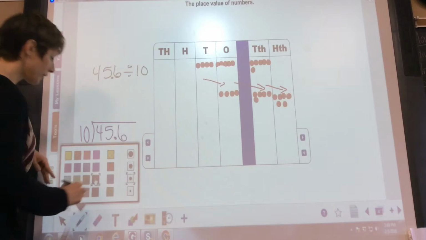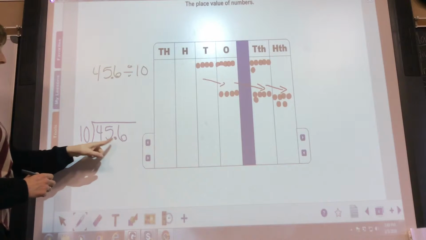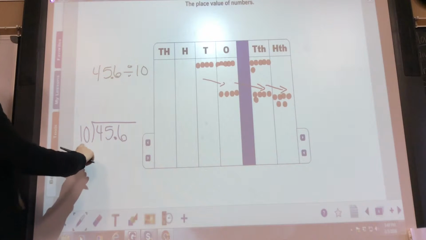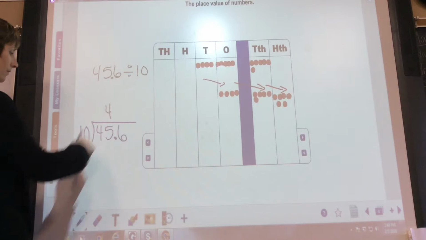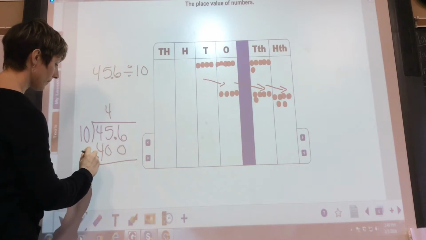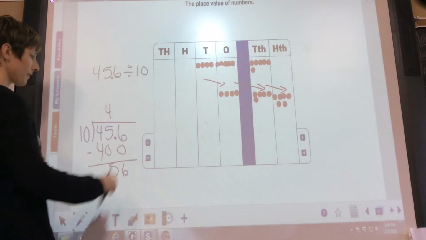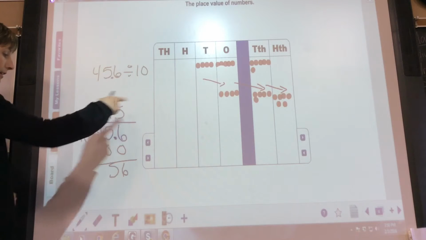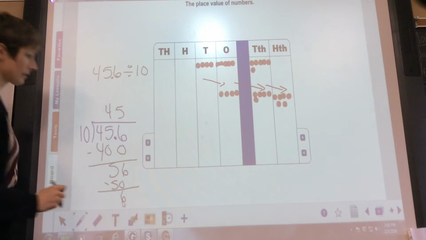You guys know how to do the division. This is no different. We just need to remember our decimal. 45 divided by 10. 10 goes into 45 4 times. 4 times 10 is 40. Go ahead and subtract. Ignore the decimal for now if you want. 56 divided by 10. 10 goes into 56 5 times. 5 times 10 is 50. 6.